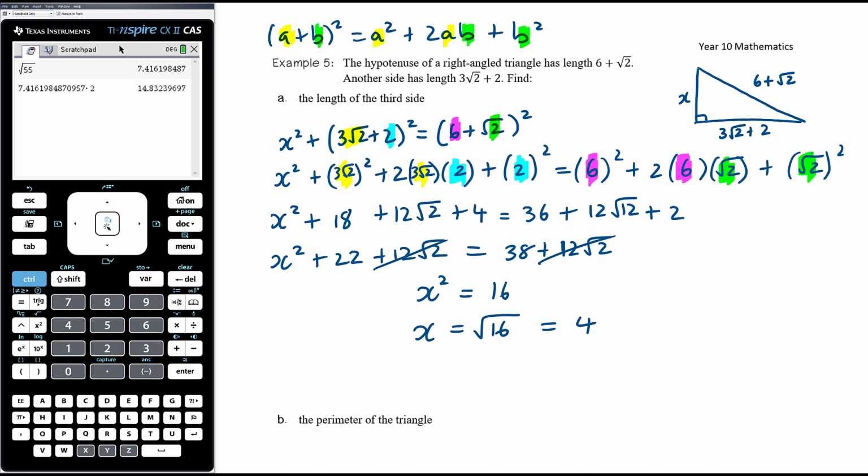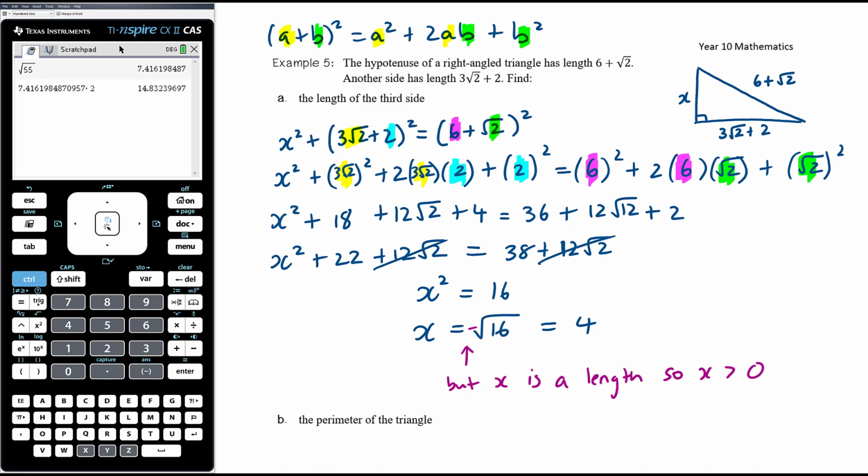Now, just to note, in these other examples, when I take the square root, you do need to think about the plus minus. But in this case, in all of these examples, x is a length or an area. So x must be bigger than 0. That's why I'm choosing to ignore the negative square root.